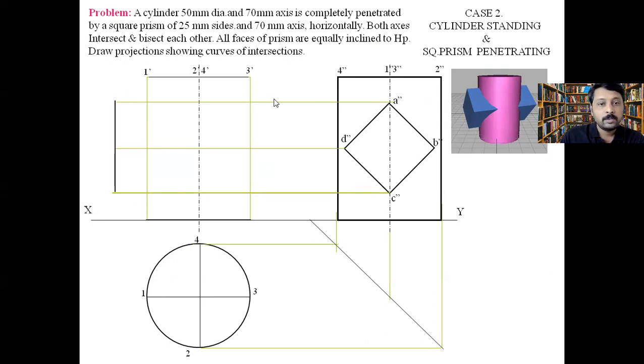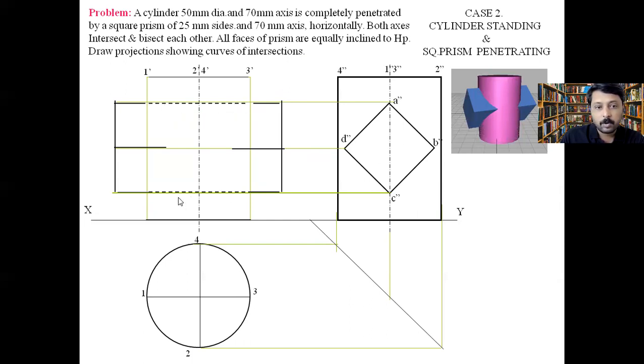Now we know the length of this particular prism. It is 70 mm. So by taking 70 mm, we are going to have this particular drawing like this. Okay, now what happens? Since, see here, this line is crossing through here, we have to draw it like a dash line.